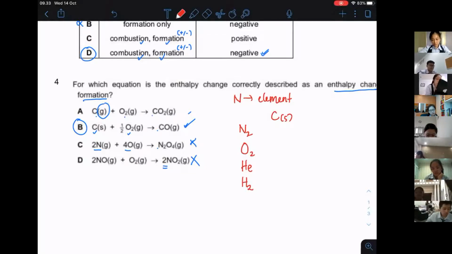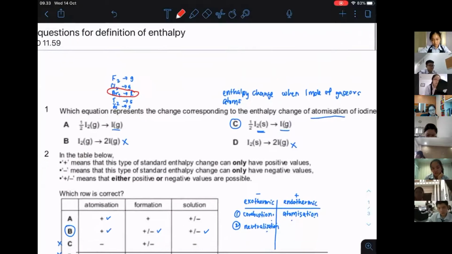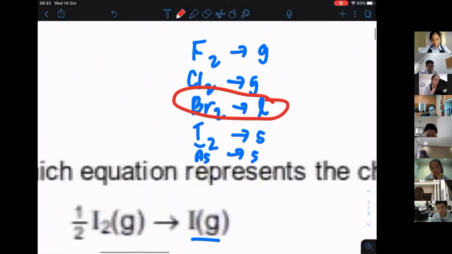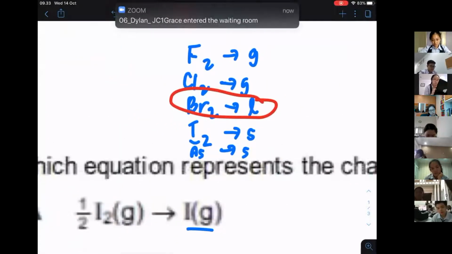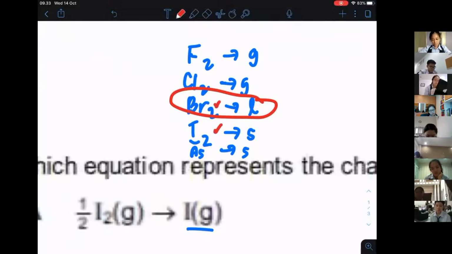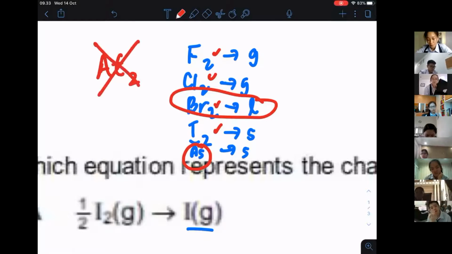Later we will learn also. Even just now when I was explaining, I mentioned F2, Cl2, Br2, I2, and so on. But for S13, I don't put it like this because under standard condition, S13 does not exist this way.